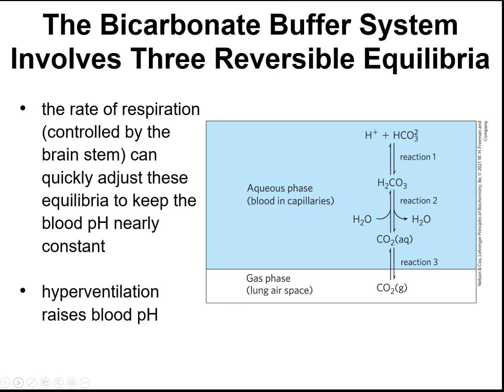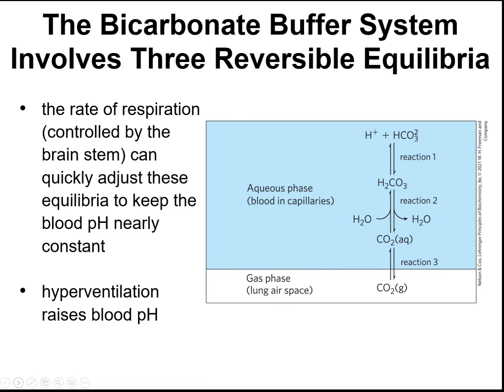You can change the pH of your blood simply by breathing differently. Which, isn't that crazy? Simply breathing, something that is an involuntary action controlled by the brainstem, you can adjust the pH of your blood.